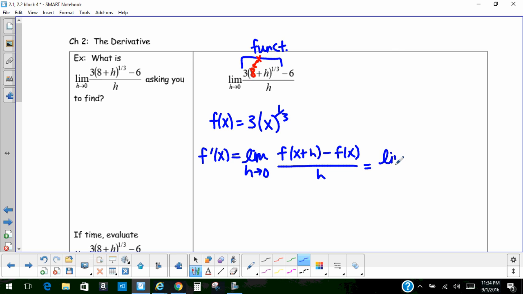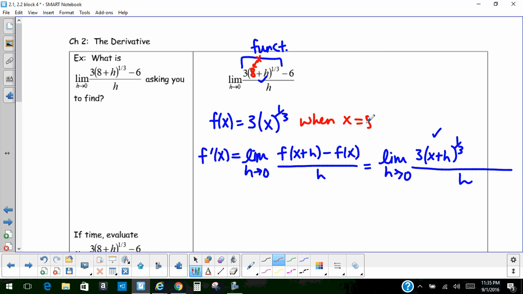Well, so that would be the limit as h goes to 0 of f of x plus h would be 3 times x plus h to the 1/3. That's checking out. And the over h part is checking out. Well, now we have to talk about this last part. I think that my x is supposed to be when x equals 8. I think that's what I'm interested in.